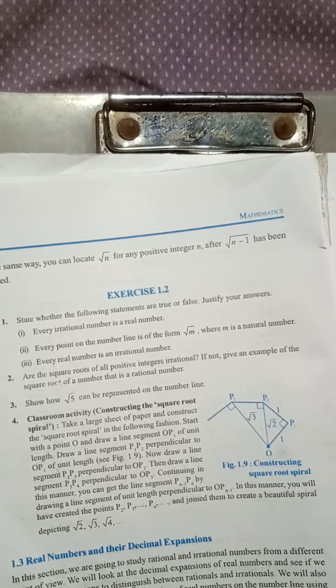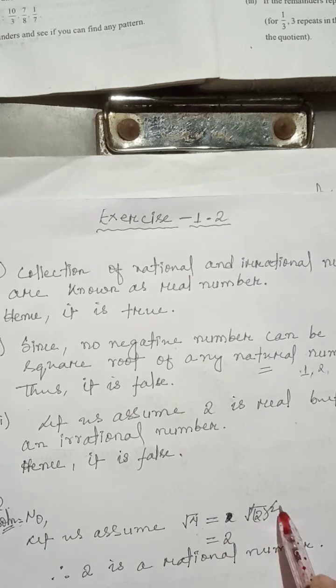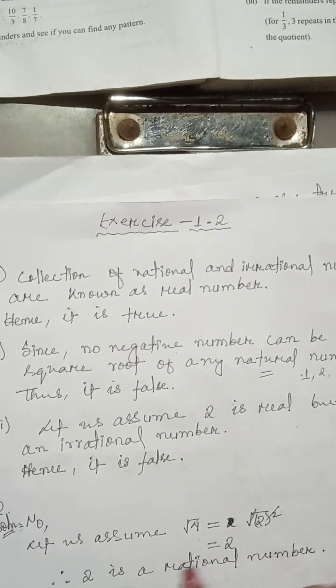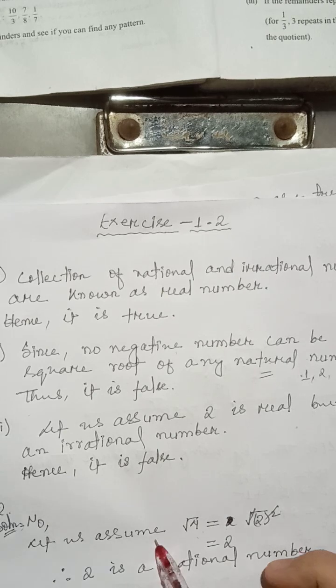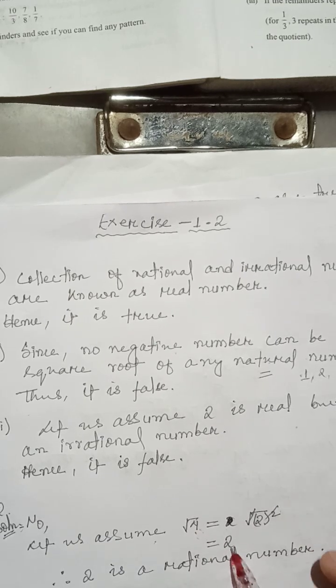So 4 is a rational number, okay? Root 4 equals how much? 2, okay? The question asks: are the square roots of all positive integers irrational, okay? So here it is a positive integer and we take its square root, then we get 2.